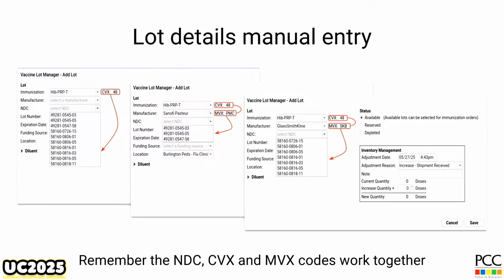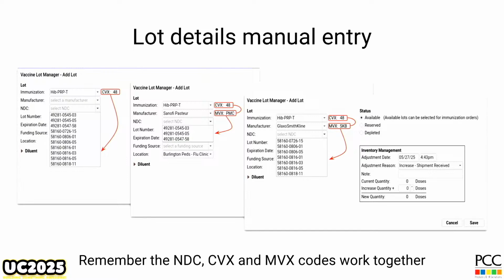Those NDC codes have a lot of information that doesn't mean anything to humans who are reading it, but the computers find it very meaningful. One of the tricks I've mentioned before is if you can see the little NDC code and you're not scanning it automatically, if you select that NDC code, it will auto-populate the manufacturer, if the CVX code is right.